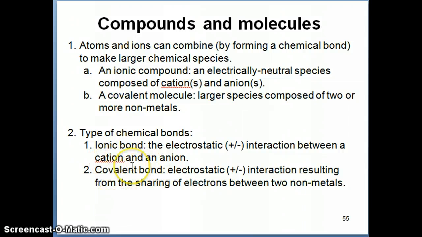A covalent bond, which is a different type of chemical bond, is also an electrostatic interaction, but instead of an interaction between a full positively charged ion and a full negatively charged ion, it results from the sharing of electrons between two nonmetals. As a result of this sharing, there is attraction between the nucleus in one atom and the electrons, and the nucleus in the other atom and the other electrons as well. That interaction is what we refer to as the covalent bond.